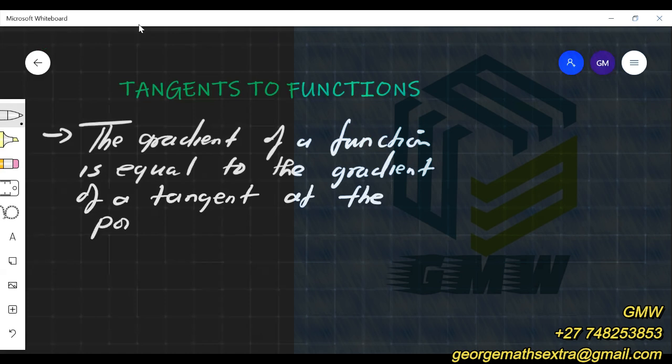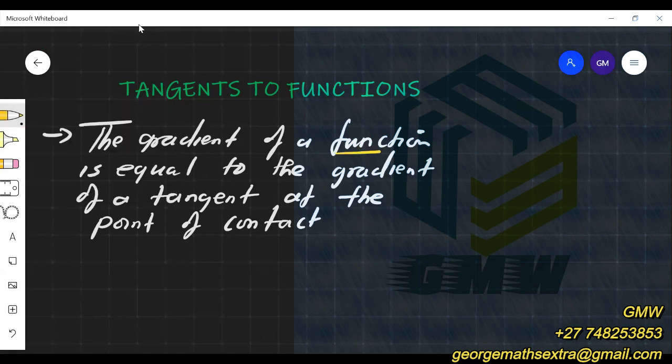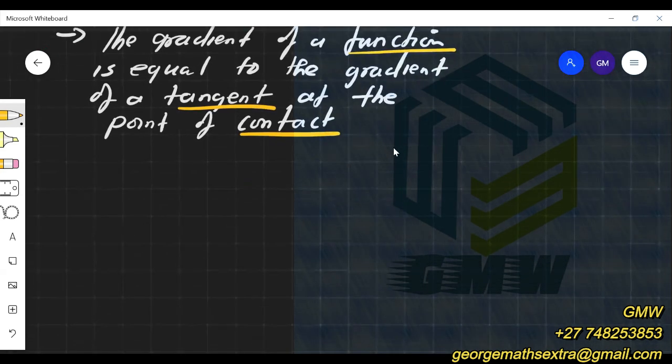At the point of contact. So the gradient of a function is equal to the gradient of the tangent at the point of contact. If I want to change this English sentence into maths, the gradient of a function is found by f prime of x, right? And the gradient of a tangent, remember a tangent is a line.